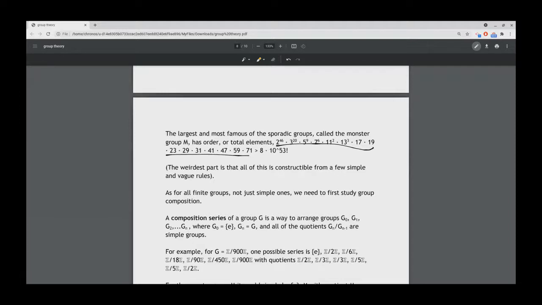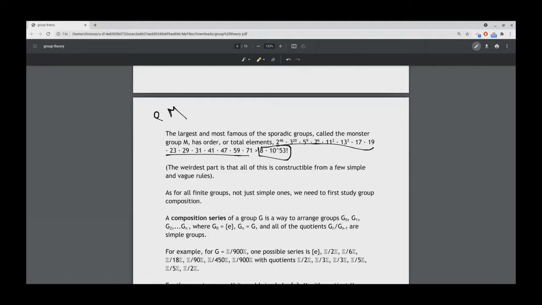The reason why I wrote this out is to show that it seems completely random, and also because of something that we're going to look at later. This is greater than 8 times 10 to the 53 elements, and this is a simple group, mind you. So E and itself are literally the only two subgroups of this giant group that are normal to it.